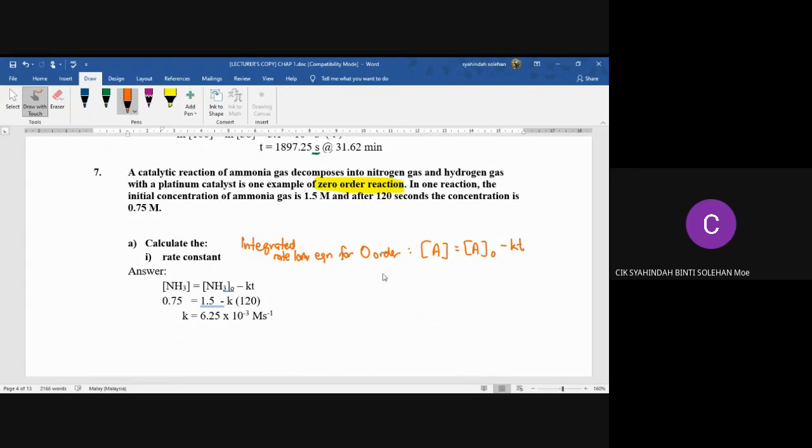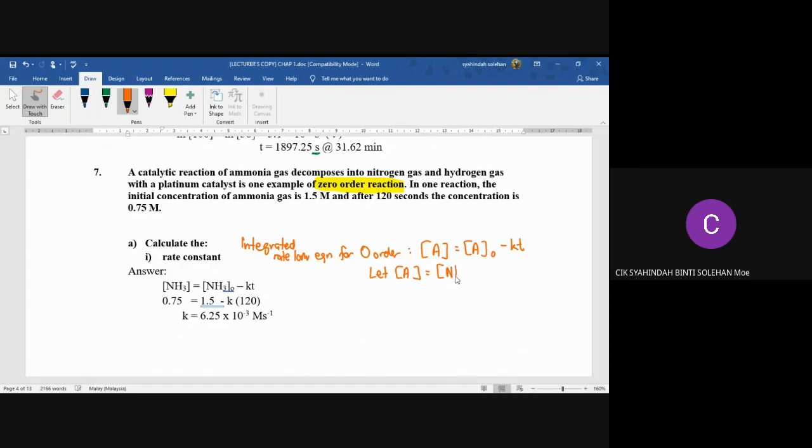Okay, so kalau you tak buat let, you kena masukkan macam ni. Kalau you buat let concentration of A ni is equals to ammonia. Ammonia ialah, memanglah soalan tak bagi tahu NH3, tapi you should know lah ammonia ni something yang you dah selalu jumpa dah dalam chemistry dari high school lagi.